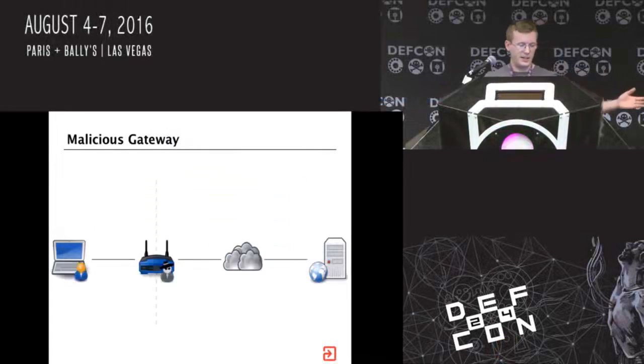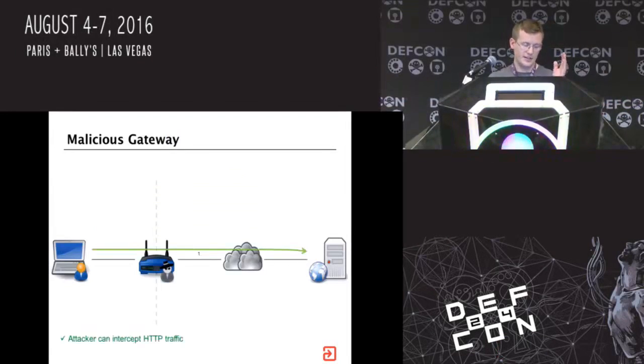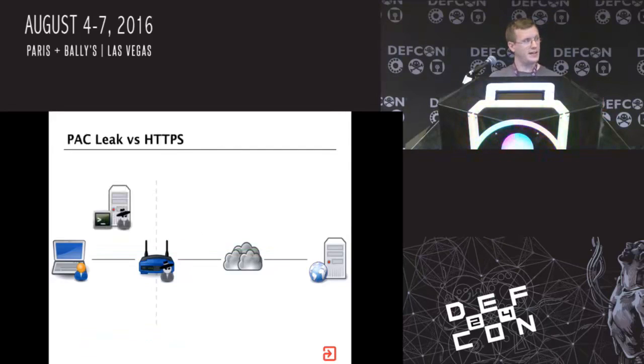Going back to the overall attack, the malicious gateway. As we said before, a malicious gateway can intercept any plain text HTTP traffic. Easy. But if we're talking HTTPS, then the attacker can't intercept HTTPS traffic. But now we are leaking every single HTTPS URL: the malicious gateway tells your laptop to use a malicious PAC script, which leaks all the HTTPS URLs, and then the HTTPS traffic goes to the server.